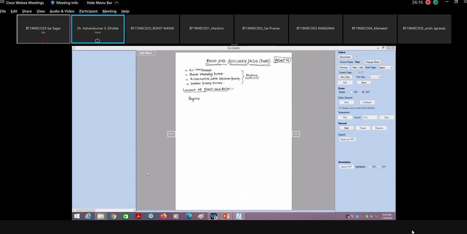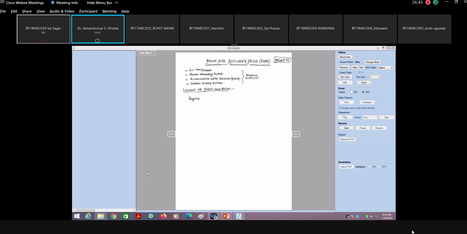Please understand that this is not given in the book, so please pay due attention, because this is basically followed in most of the automotive industry, and it is useful when you give your vehicle for servicing, to know how to check and what is the meaning of these particular terms. You take any automobile engineering book, layouting will not be mentioned.